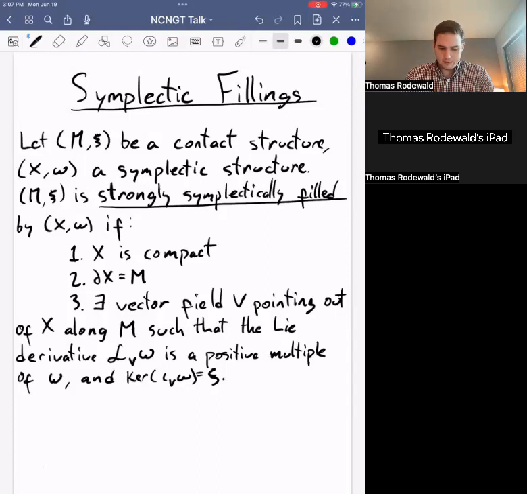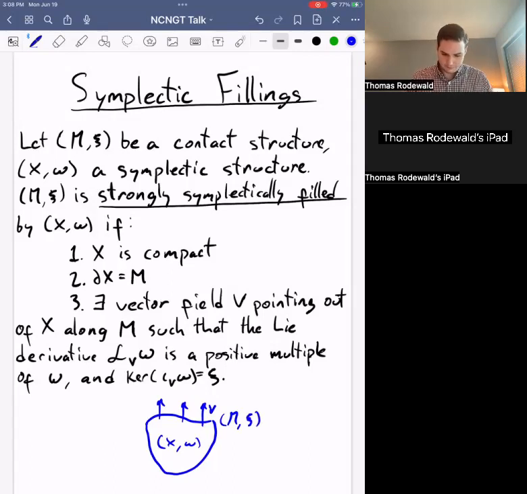Given a contact structure and a symplectic structure, a contact structure on M is strongly symplectically filled by your symplectic manifold X if X is compact and its boundary is M, and you have a vector field, which we call a Liouville vector field V, pointing out of X along M, such that the Lie derivative of your symplectic form along V is a positive multiple of the symplectic form.